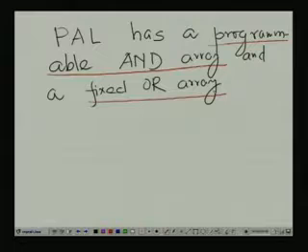Now, quiz 3 was the difference between PAL and PLA. We have already seen PAL has a programmable AND array and a fixed OR array.